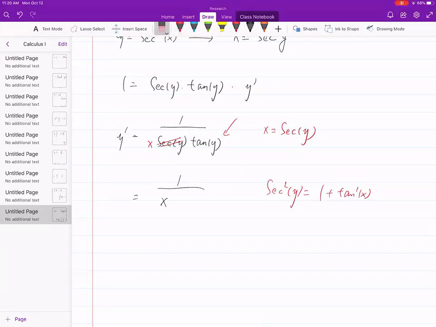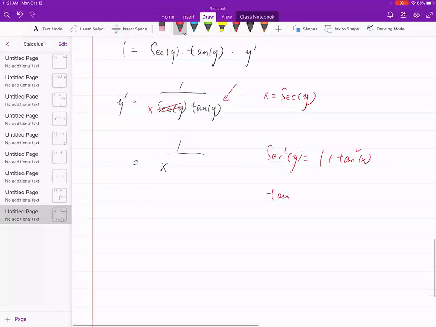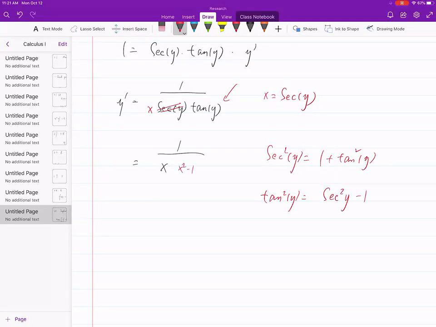Then we just do the reverse. Let me make sure I'm correct. Which is x squared minus 1, which comes from secant. Take the square root with a plus minus.